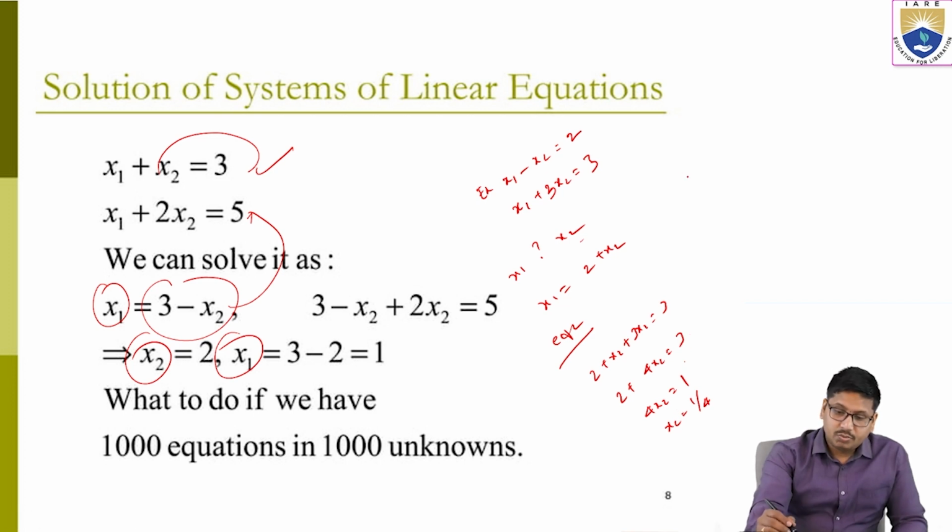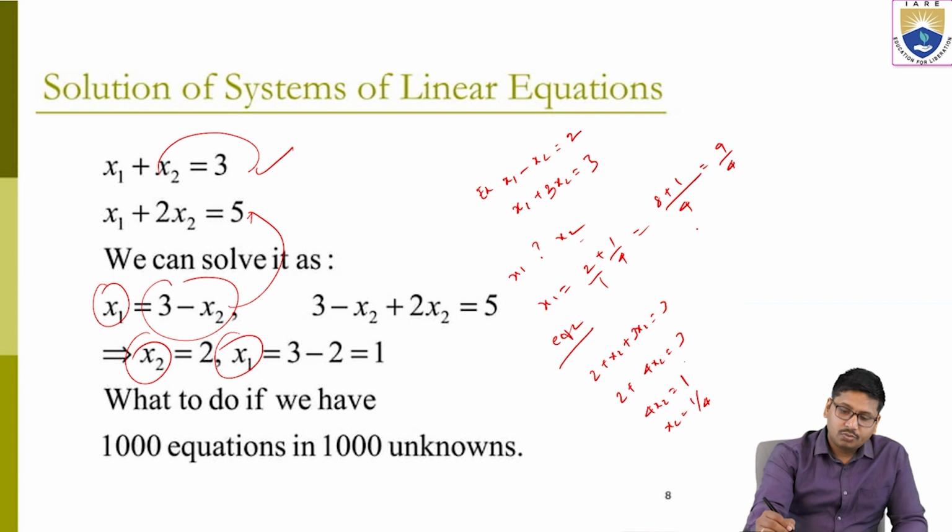By substituting this, what should be the value of x1 now? That should be 1 by 4 plus 2, LCM 8 plus 1 by 4, so x1 is 9 by 4.